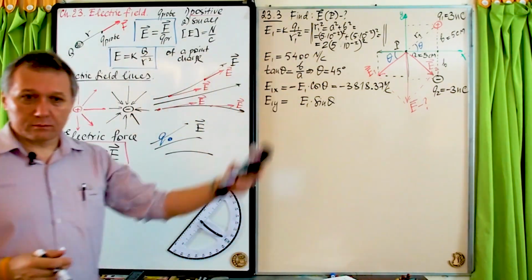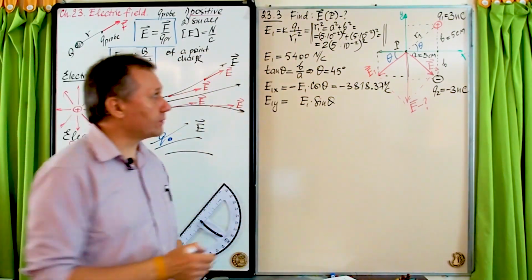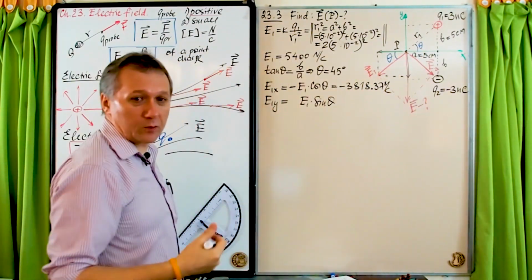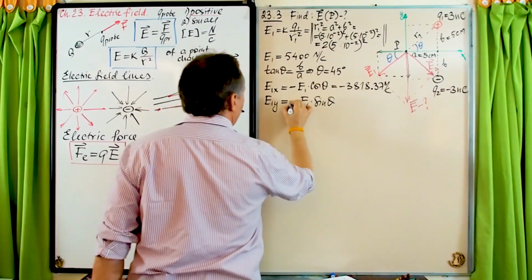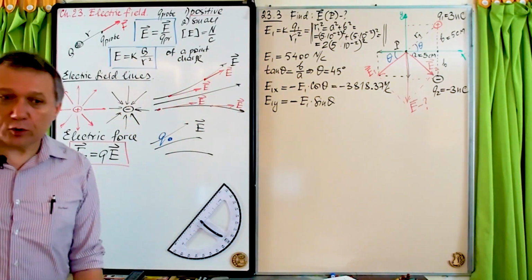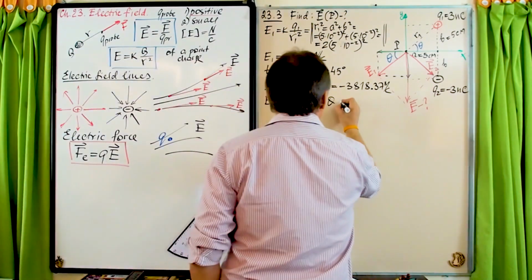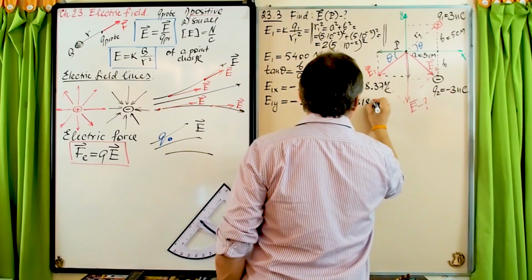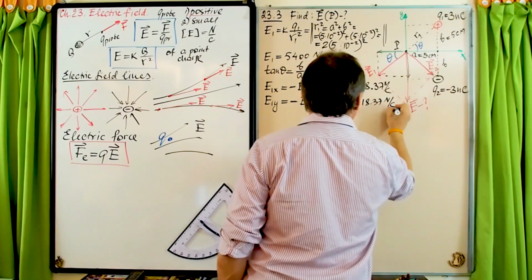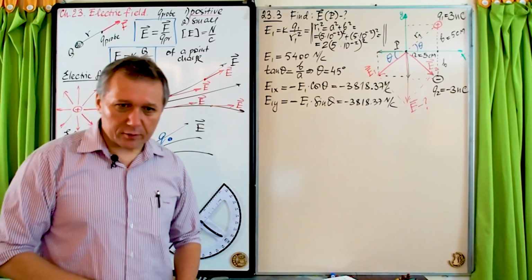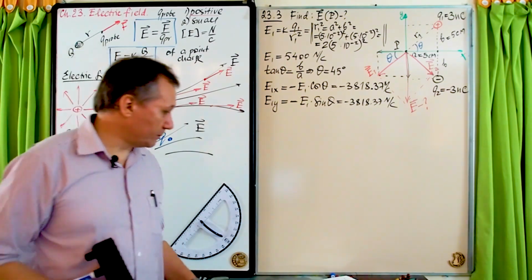And again, that component is negative. You see, the component of this E1 in the y direction is negative, so we need to put a minus. And obviously, this component is going to have the same strength, right? Minus 3818. Sine and cosine at 45 degrees have the same values, right? 1 over square root of 2.